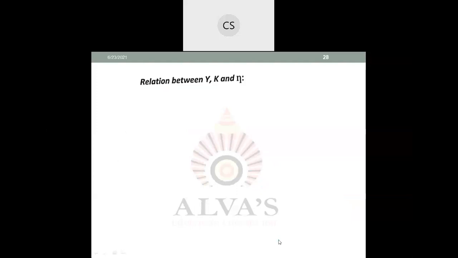Next, let us find out the relationship between Young's modulus, bulk modulus, and rigidity modulus. So Y is for Young's modulus, K is for bulk modulus, eta is for rigidity modulus.